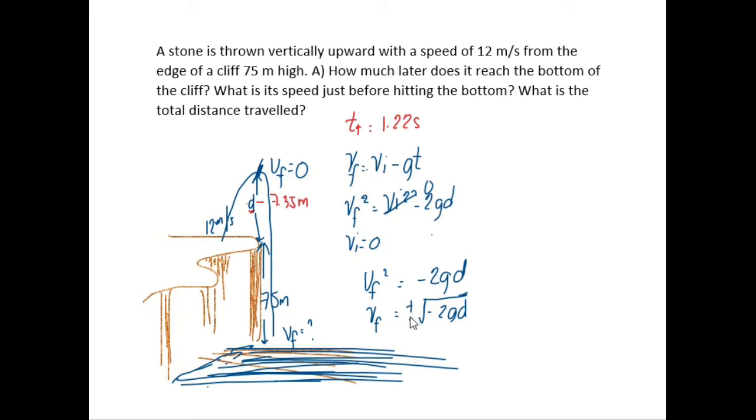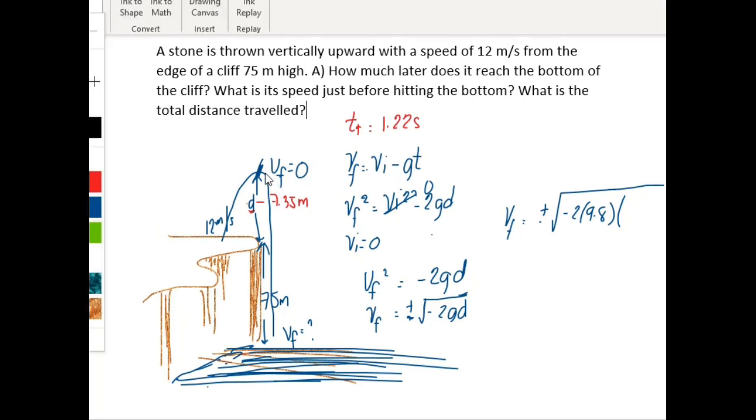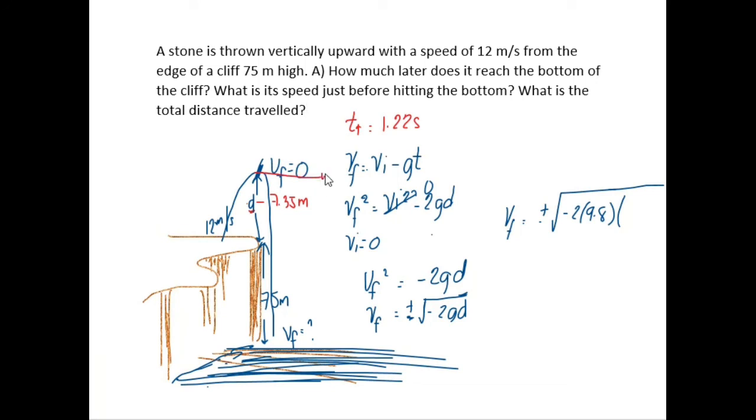So, we now have final velocity is equal to the positive negative root of negative 2 times 9.8 times the distance. Since take note that the distance is pababa na siya, this will be our y equals 0. This is our y equals 0. So, yung distance na gagamitin natin now ay negative.